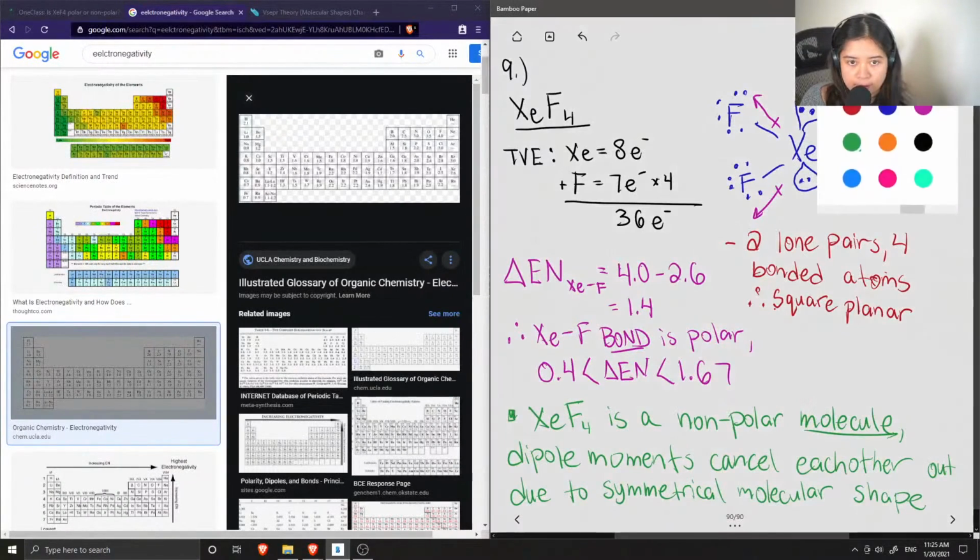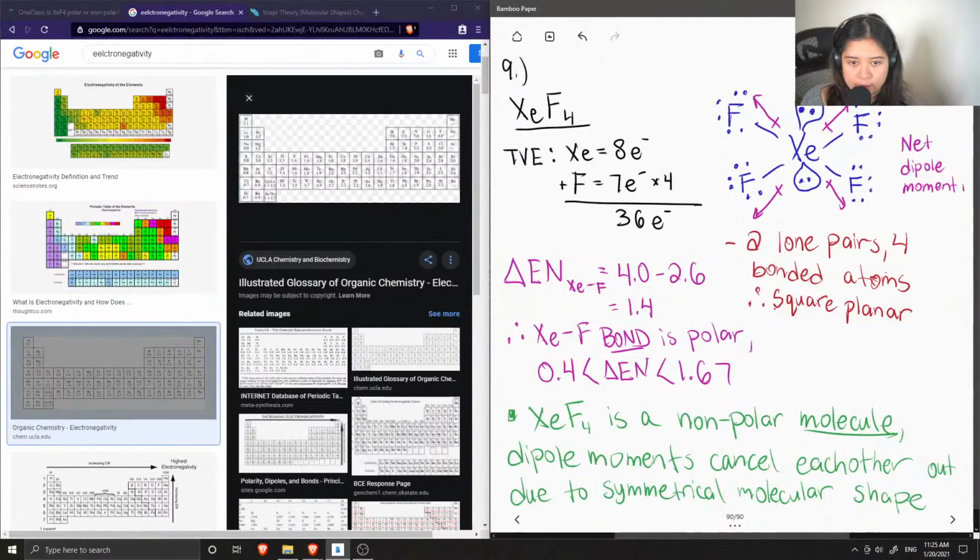And we can say up here that we have net dipole moment is 0.